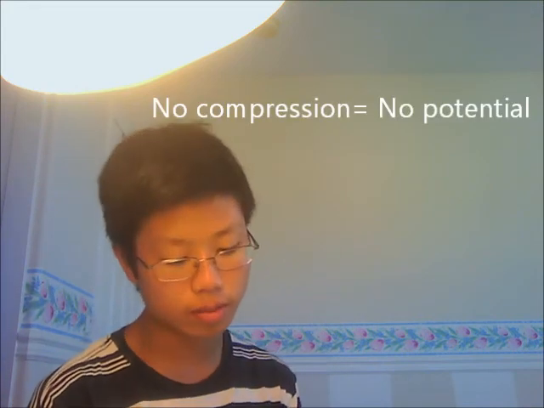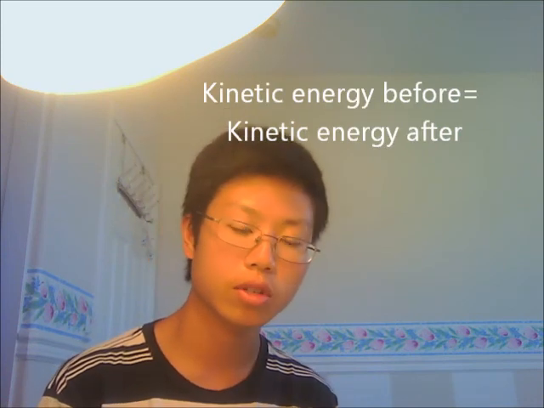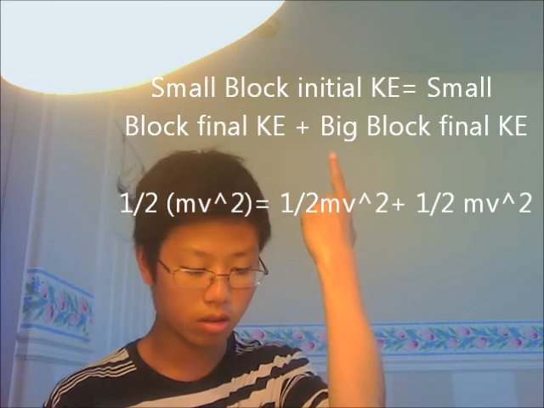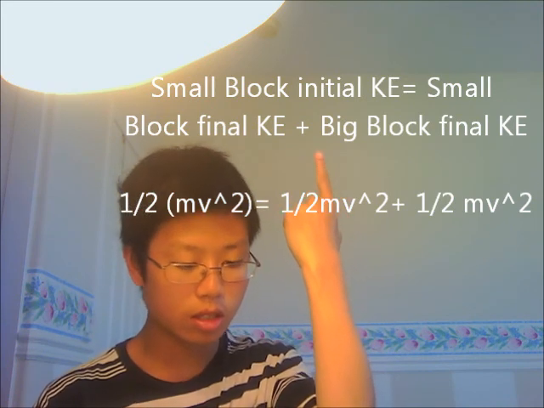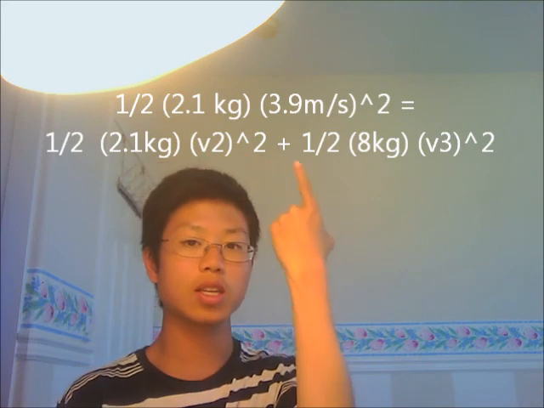Thus, there is no potential energy we have to worry about. The total kinetic energy there is before is all there after. Thus, the equation can be written something like this. And simply plugging in our numbers, we can get something like this.